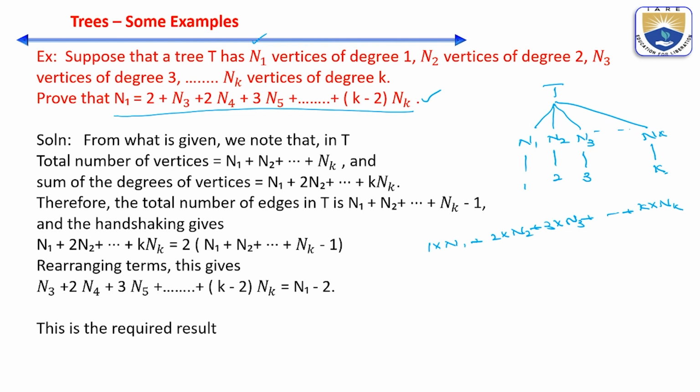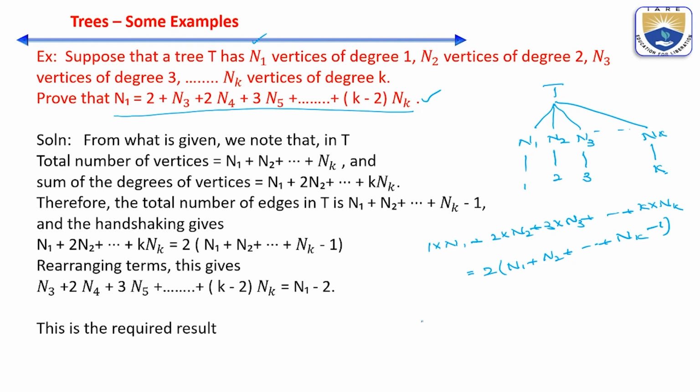So this equals 2 into (number of vertices minus 1). What is the number of vertices? n1 plus n2 and so on plus nk, minus 1, into 2. These many edges it is having.